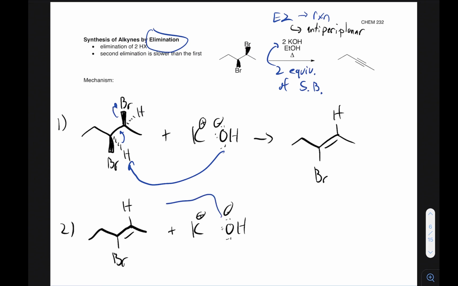It's going to eliminate now this bromine, and it's still 180 degrees behind the bromine to get us our final alkyne here. So hopefully that makes sense. So this is another way that we can do the sort of alkyne generation. Starting from this dihalide, we can react this all the way to an alkyne.